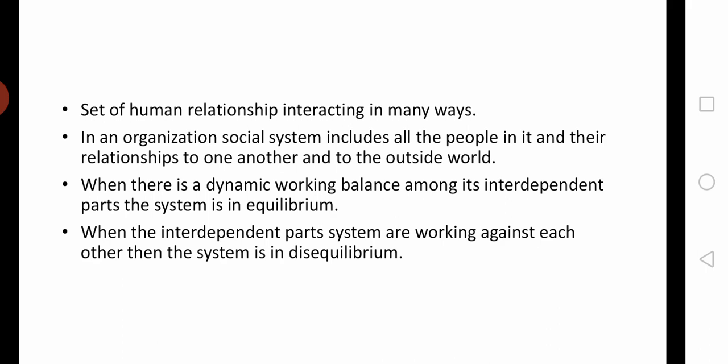It will definitely help the organization. And if it is the other way, and people are quarreling with each other or working against each other, the whole system will be in a disequilibrium condition, and this will definitely affect the working of the organization. These are the two main things to be noted.